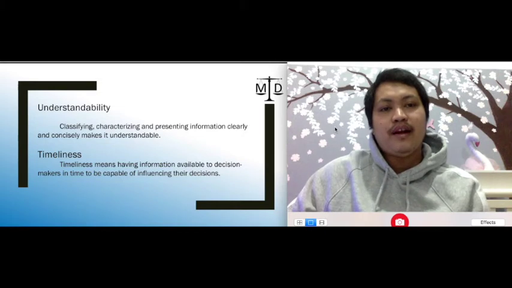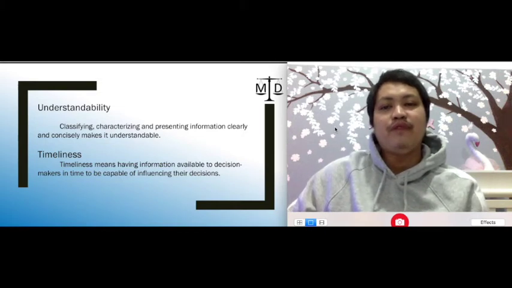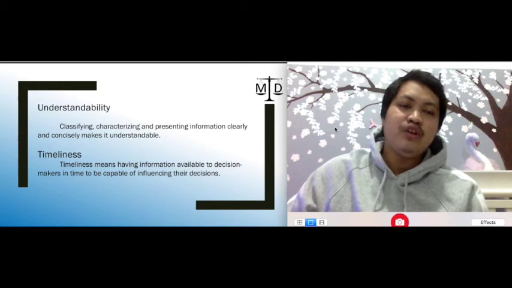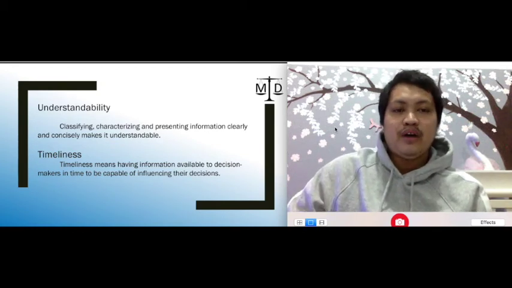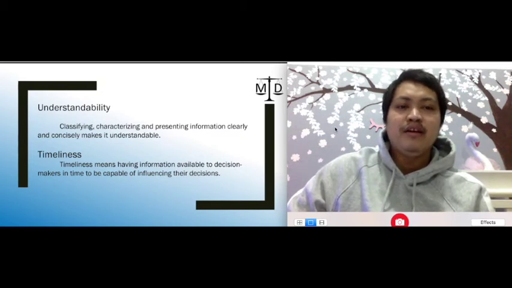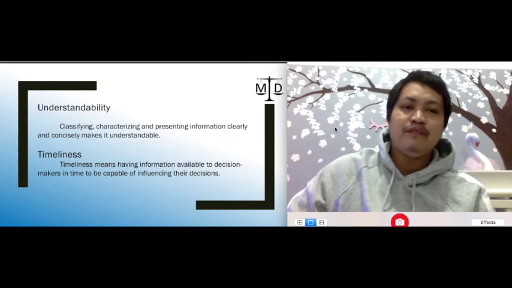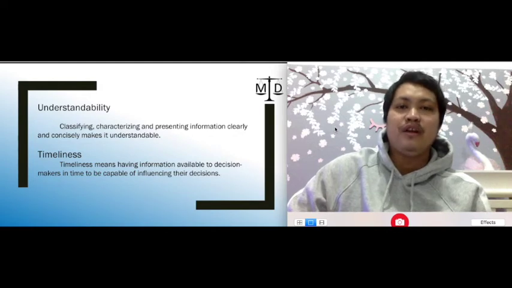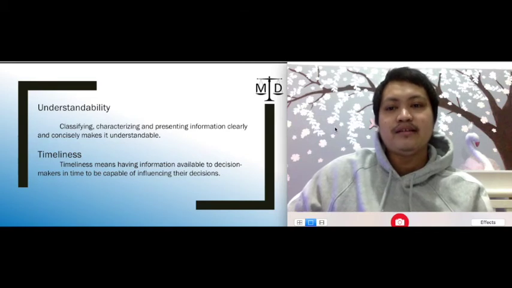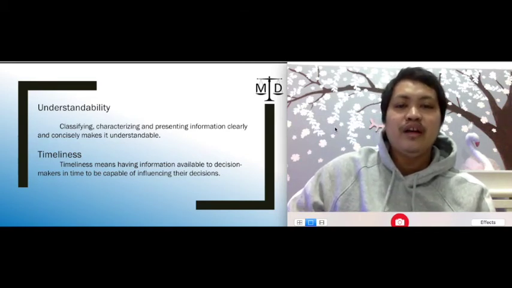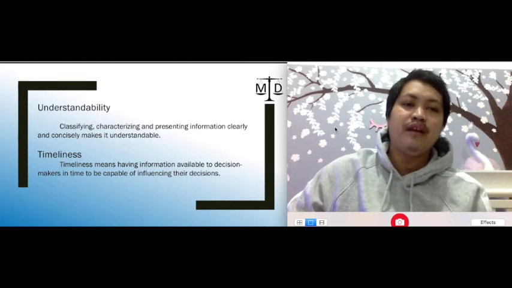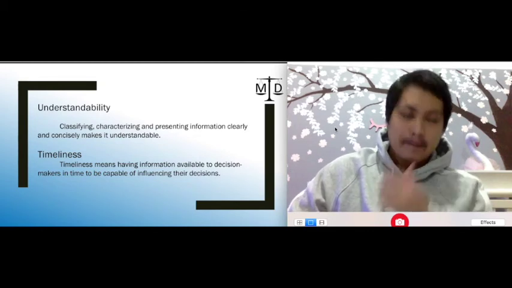The final enhancing qualitative characteristic mentioned in the framework is timeliness. Again, if asked as a question, it would be very easy for you to identify that the term being described is timeliness, because the definition provided by the framework conforms to the common usage of the word. The framework defines timeliness as having information available to decision makers in time to be capable of influencing their decisions.